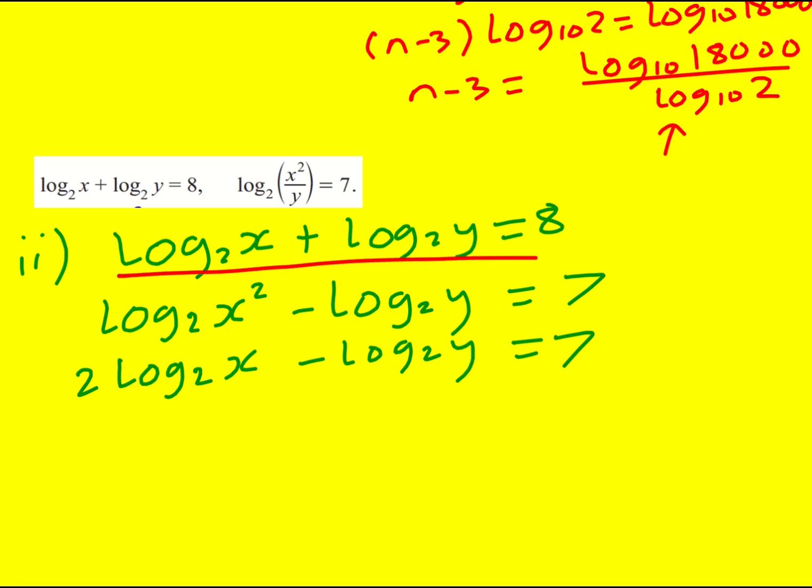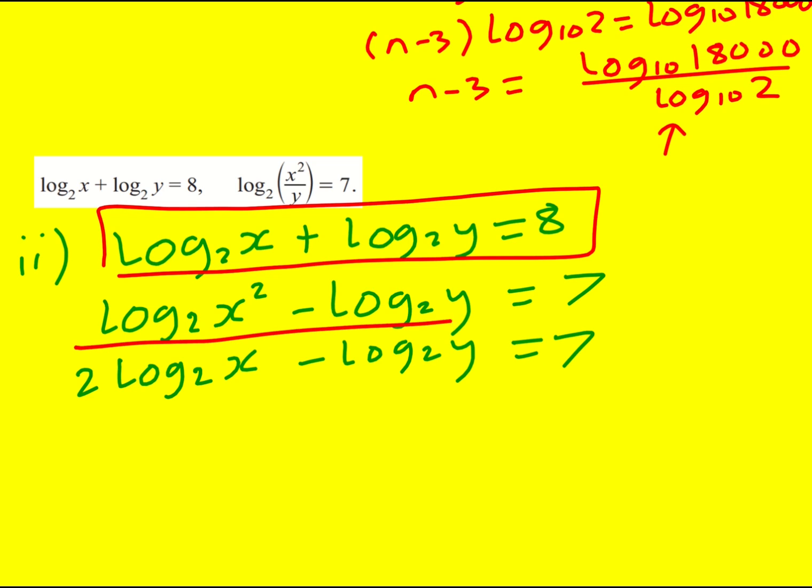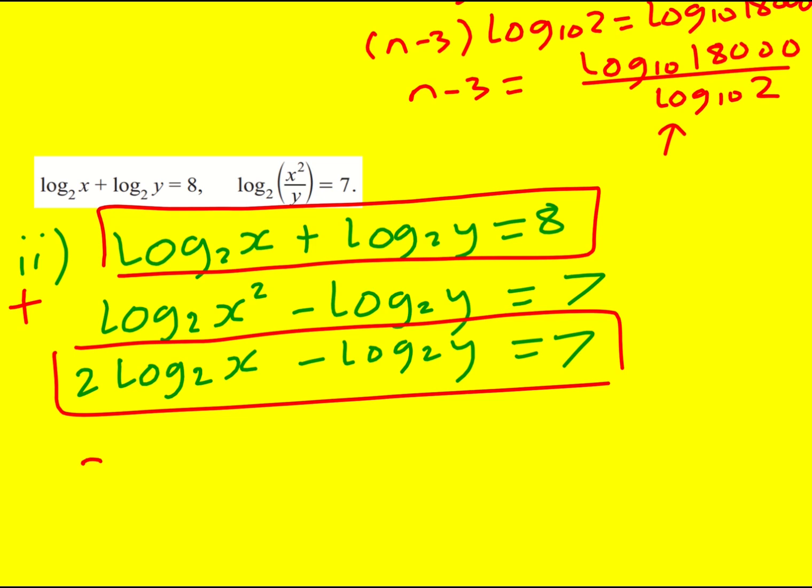So now I'm going to consider this equation here. That was the one I had, and then this equation. Because I've managed to get a plus log to base 2 of y and a minus log to base 2 of y, I can add these two together, which is going to give me 3 log to base 2 of x equals 15.